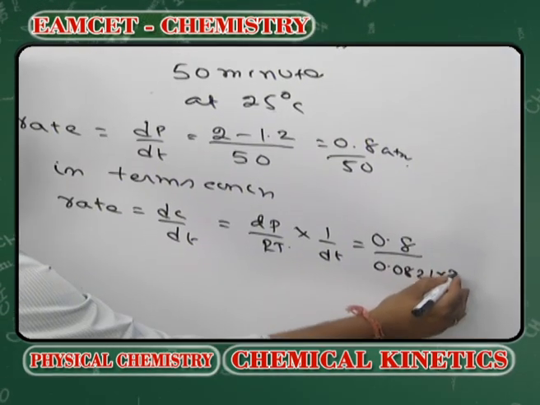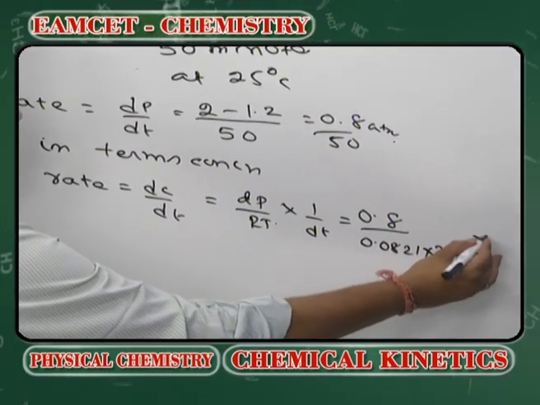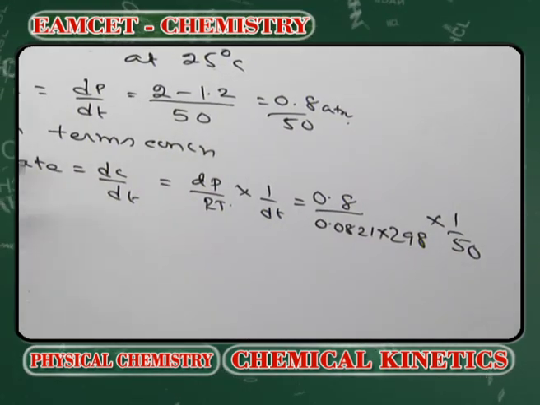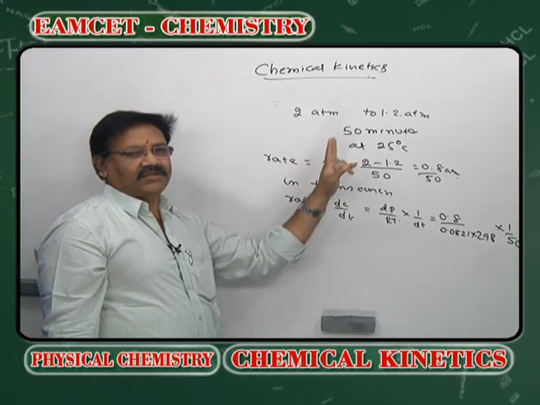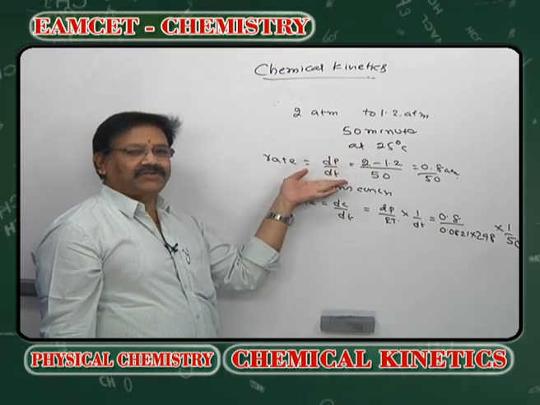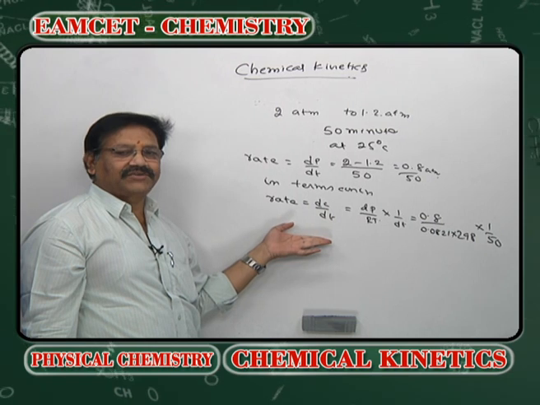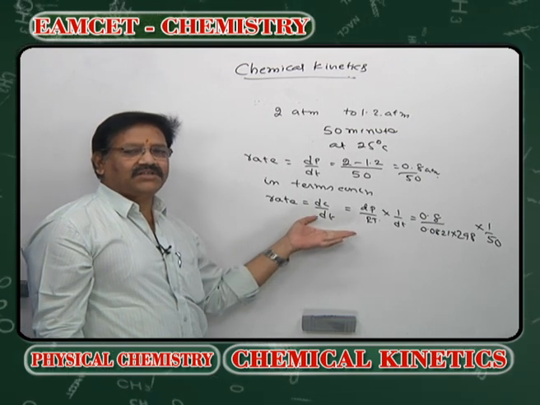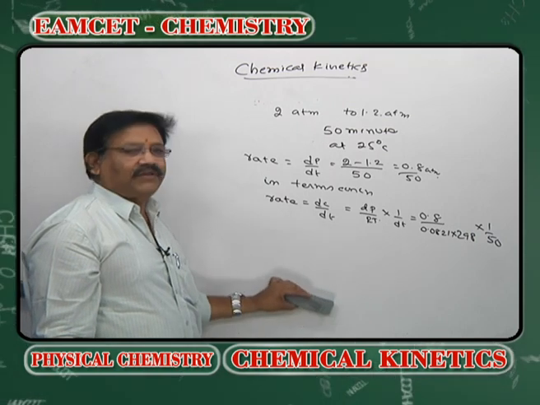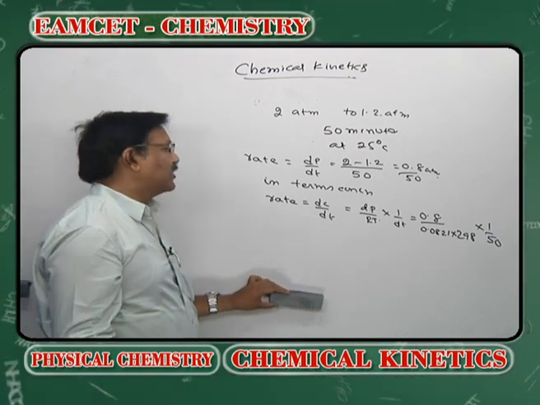What is T? 298, and 1 by 50. So these are the methods of expressing the rates with respect to the pressure and with respect to the concentration. What is concentration? Nothing but moles per liter. So this is the way of expressing the rate of the reaction.